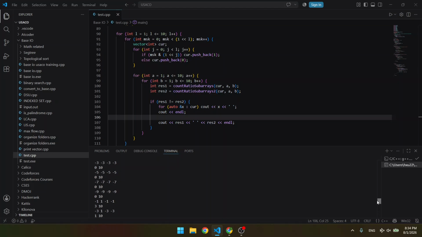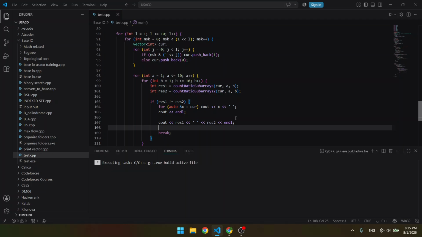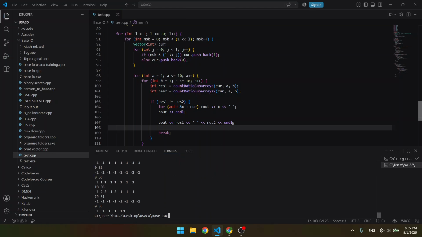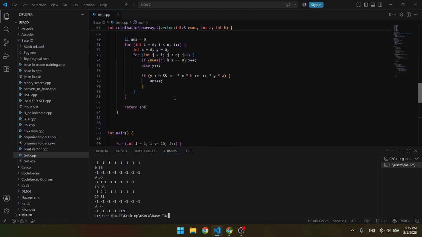Oh, how do I get negative values? Oh, we're printing things out.